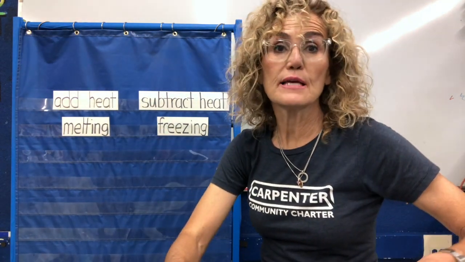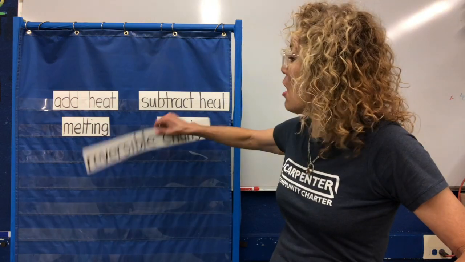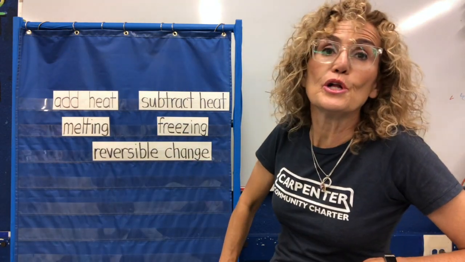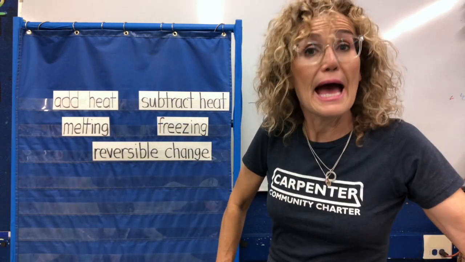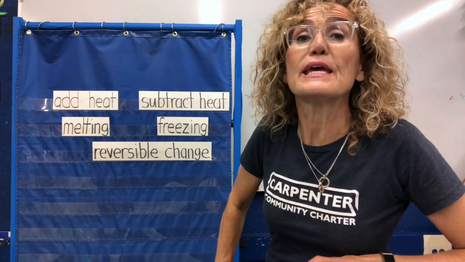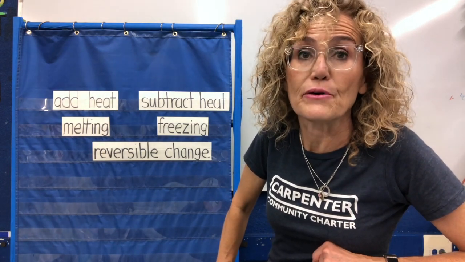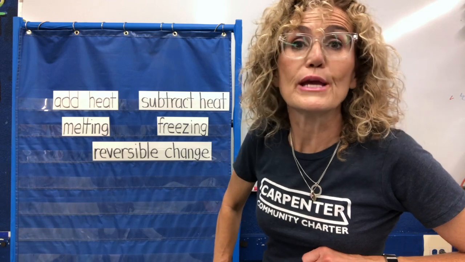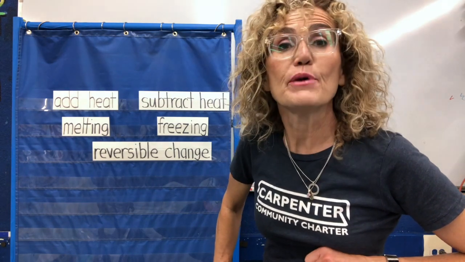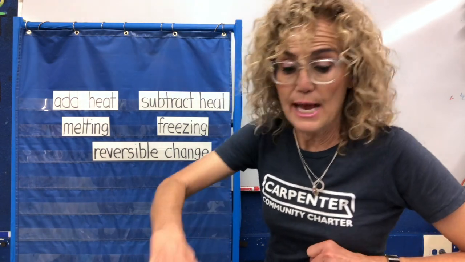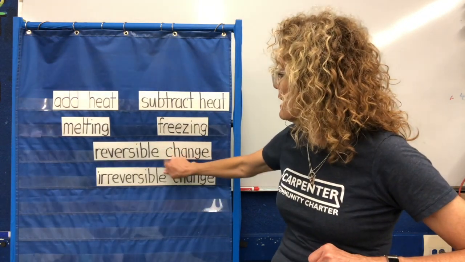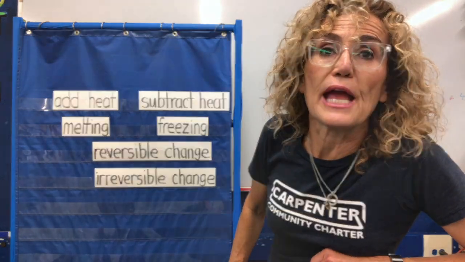Those things, melting and freezing, are reversible changes. By adding heat or taking away heat, we can change that matter. However, if we cook an egg, if we bake some cake batter, that is an irreversible change.